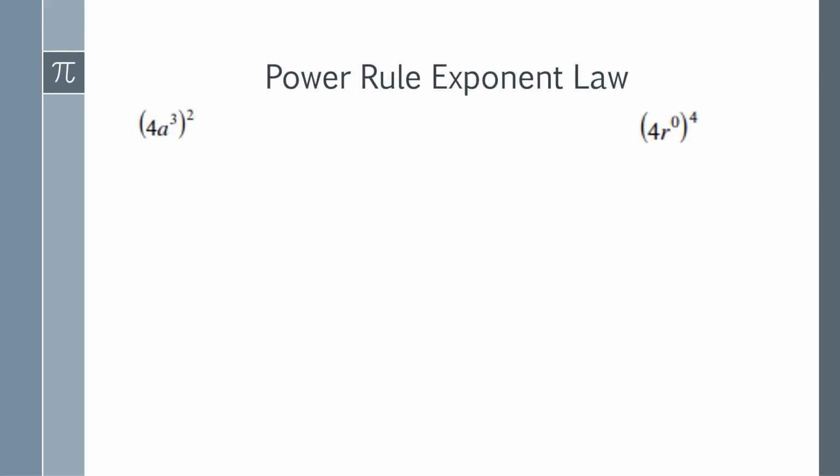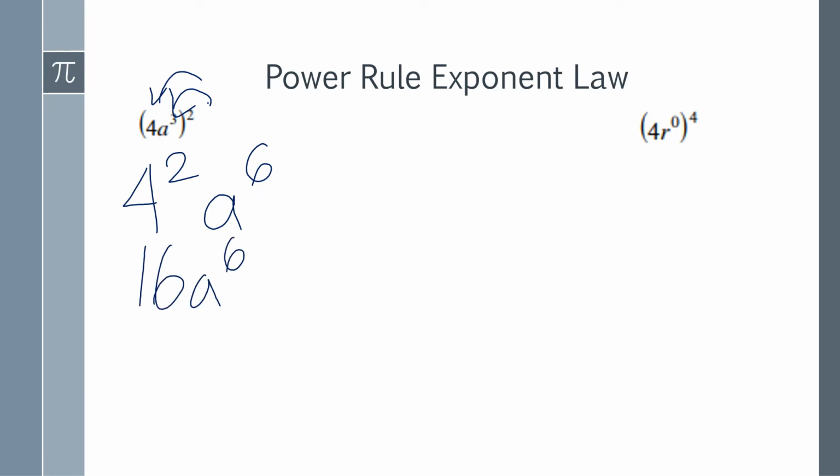All right, power rule exponent law. You guys are definitely going to have to know this. So with a power rule exponent, just like when you have a number outside the parentheses, you've got to multiply this. So for the first one, we get 4 squared plus a to the 3 times 2, which is 6. And we could simplify that because 4 squared is 16, and that's a to the power of 6.